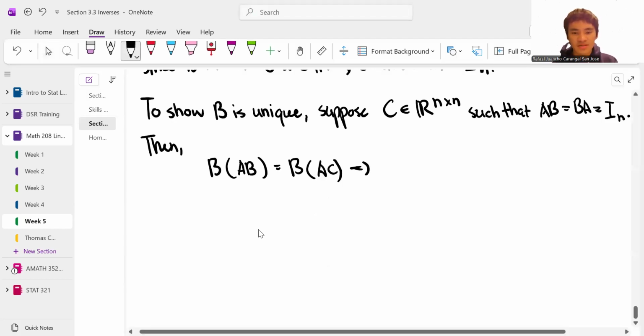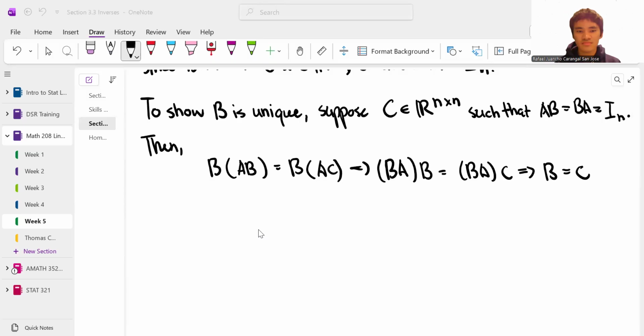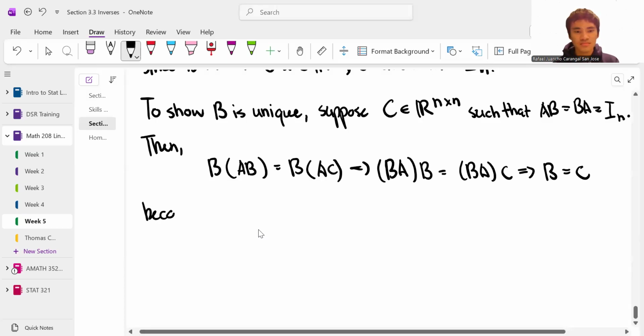And then what happens here? BA, B. So this is one of the properties of a matrix. BAC. This tells us B is C. And why does this work?